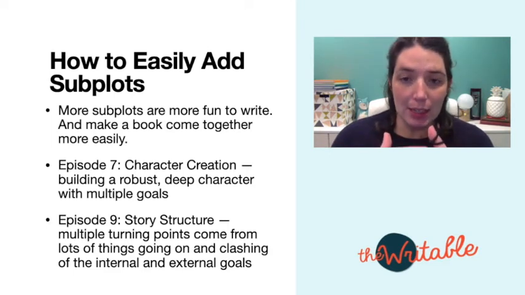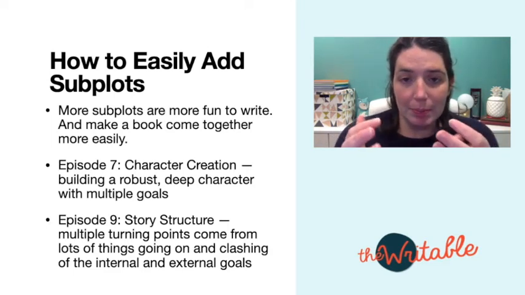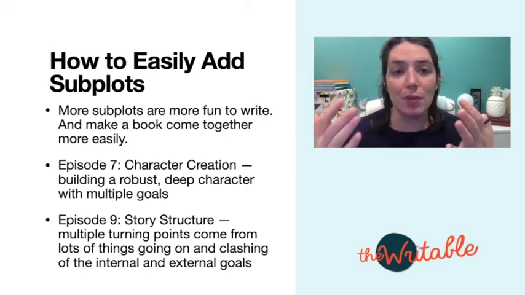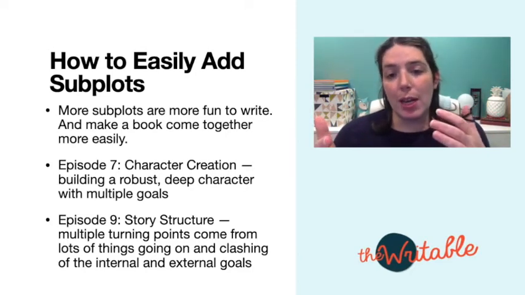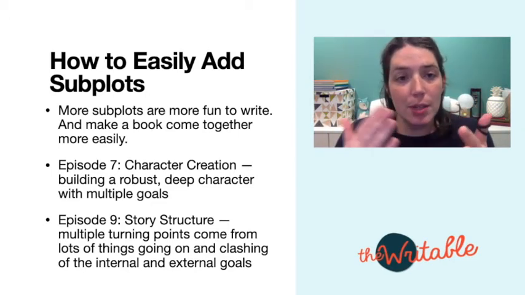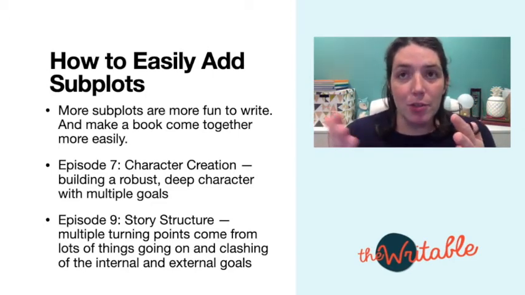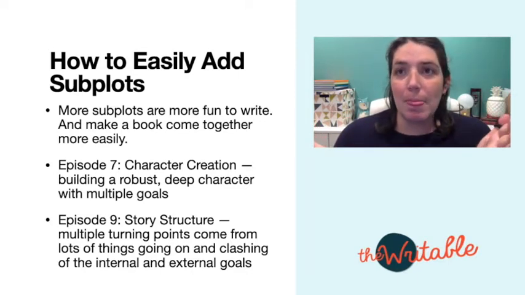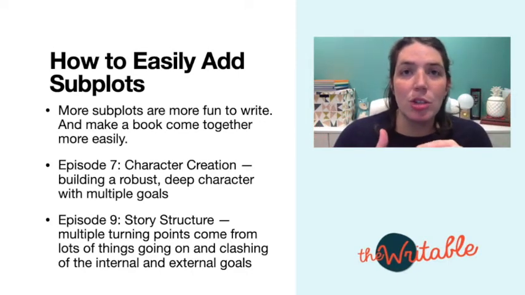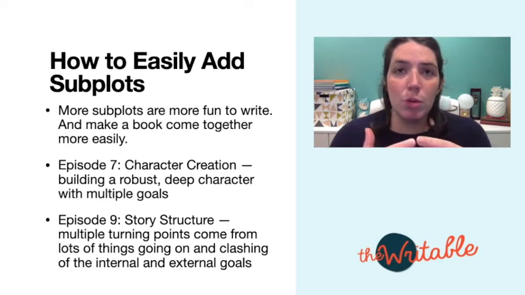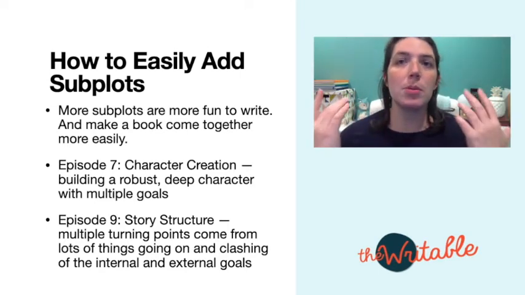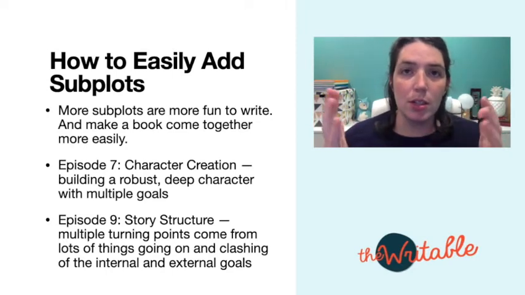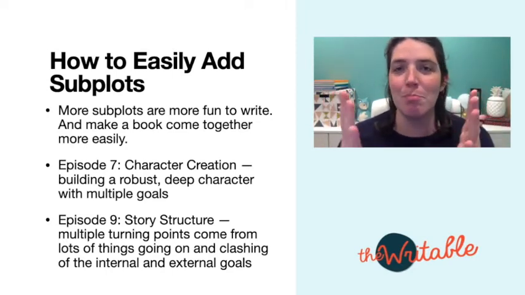And that's really, in a nutshell, how you build a subplot. You look at different goals, or you might have a goal that comes up after she meets the romantic interest. After she meets the romantic interest, she develops an intense interest in his hobby, boxing.